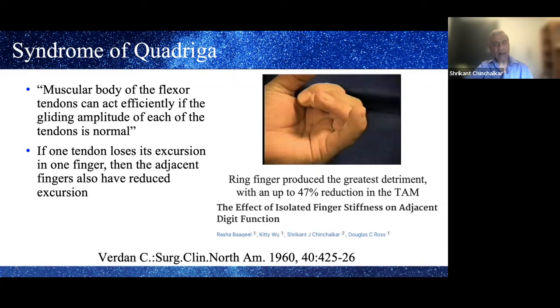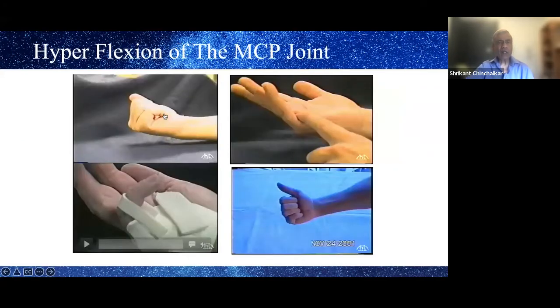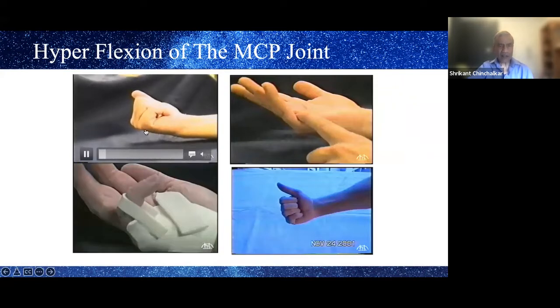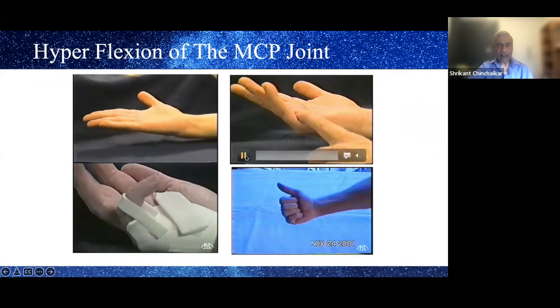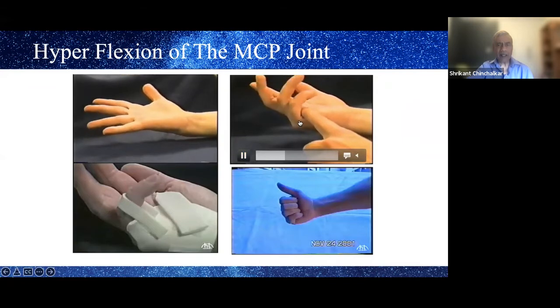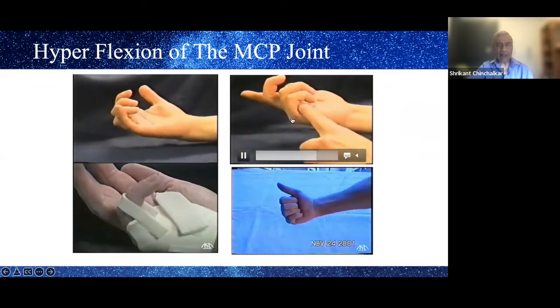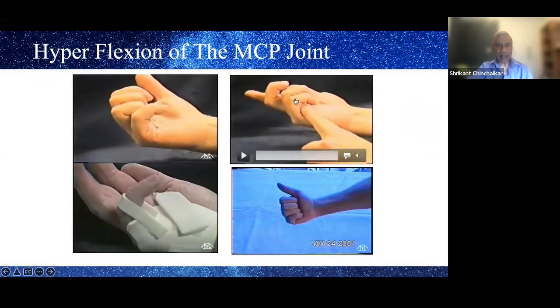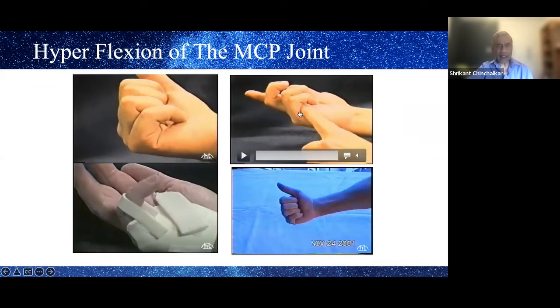The next finger is the long finger, which has a tendency to produce a greater quadriga effect. So how do we treat these patients? Because we often see that these patients have a hyperflexion tendency of the metacarpophalangeal joint, as you see right here. If the person has a hyperflexion tendency, then we must identify at what angle of the MCP joint the person has a greater excursion of the PIP and DIP joint.